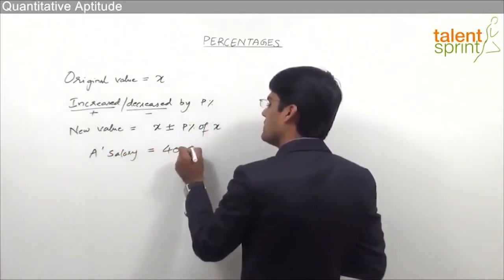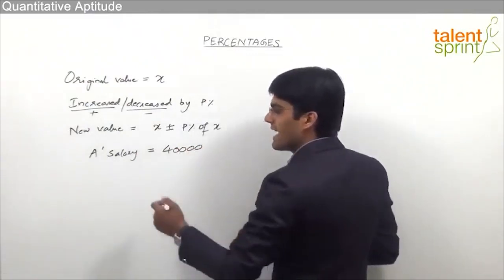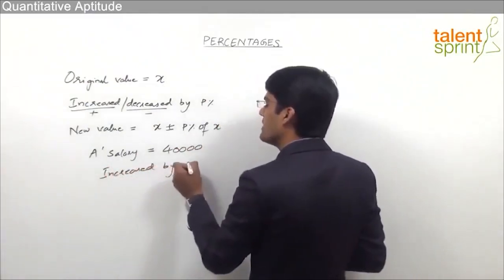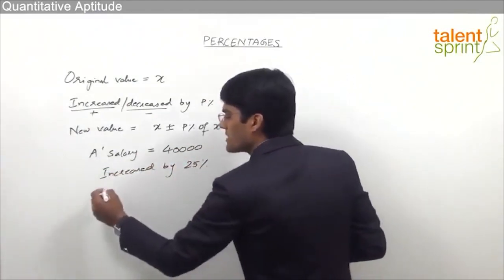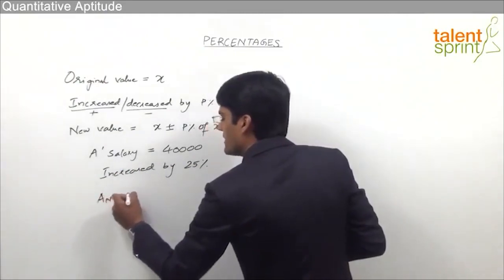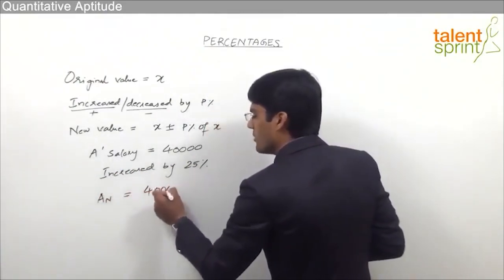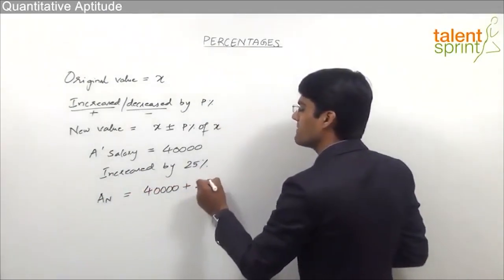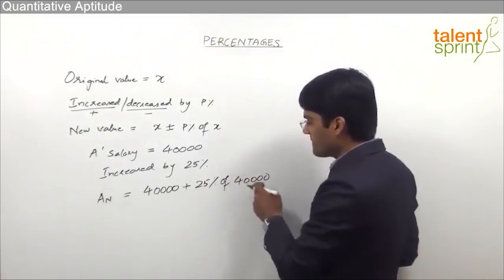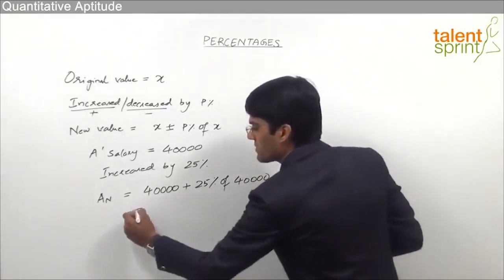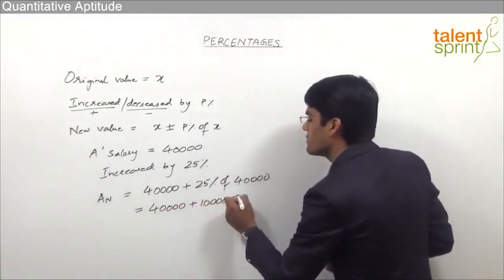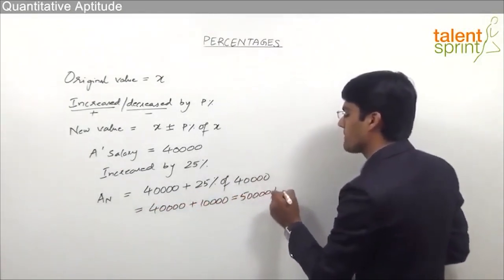Now when his salary has increased by 25%, A's new salary, AN, can be taken as 40,000, that is the original salary, plus 25% of 40,000. Now we know that 25% of 40,000 is equal to 10,000. So this can be taken as 40,000 plus 10,000, which comes out to be 50,000 rupees.